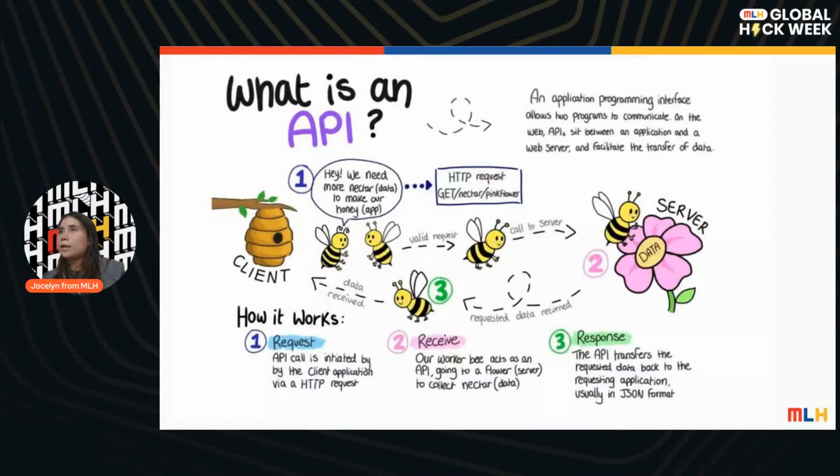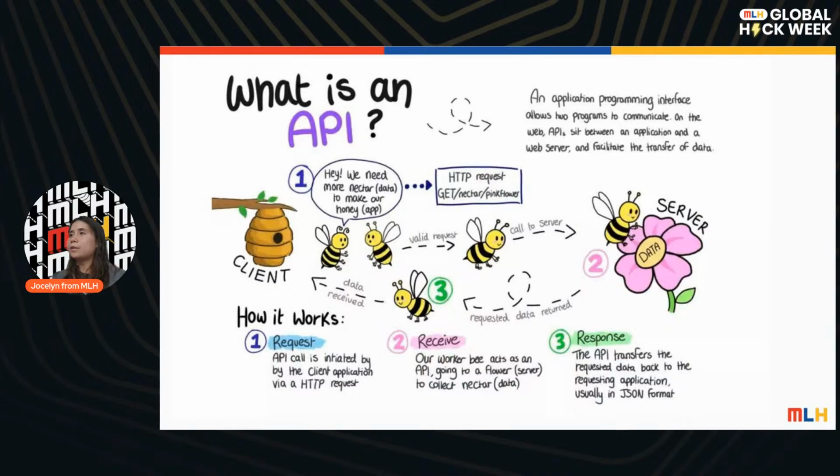Okay, so hopefully the concept of what an API is is super clear. Keep in mind these 3 words: request, receive, and response. Request is the API calling, and you are making an HTTP request. We're going to explain this a bit further. Number 2, you are receiving. Our worker bee acts as an API going to a flower, which is a server, to collect nectar, which is the data.